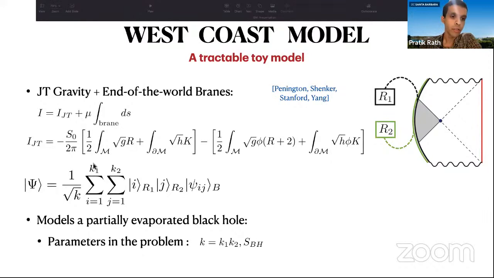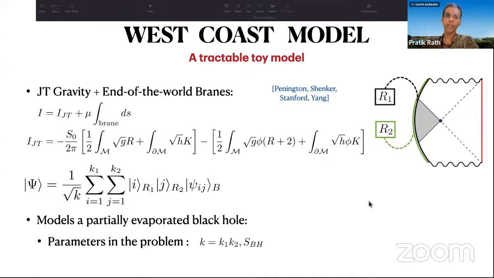The number of flavors are K1 and K2, and the product K1 K2 is represented by K. So the parameters in this problem are essentially the number of flavors, which denotes the entanglement with the radiation system, as well as the black hole entropy, which is basically the area of the horizon.